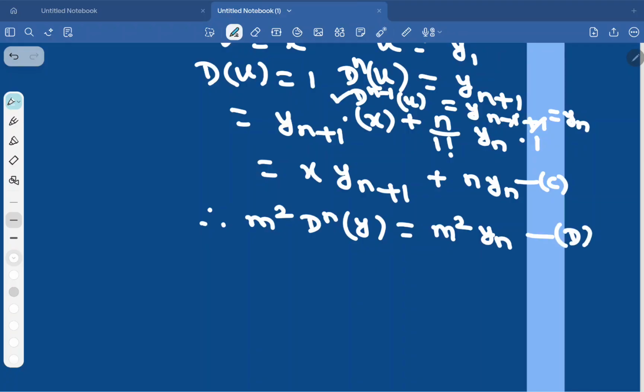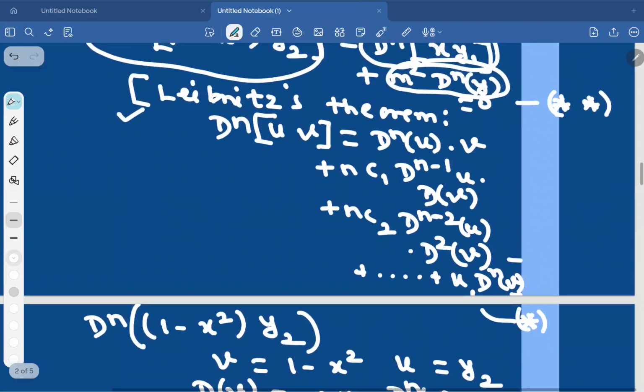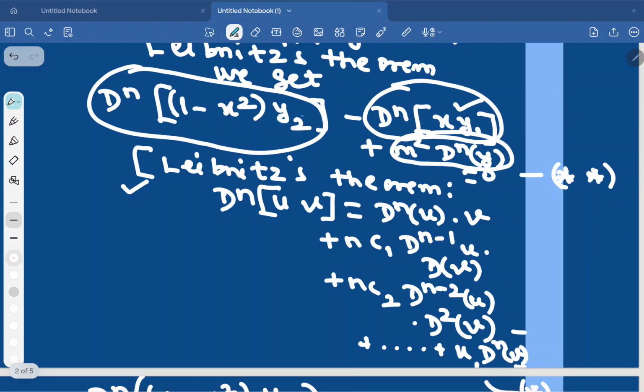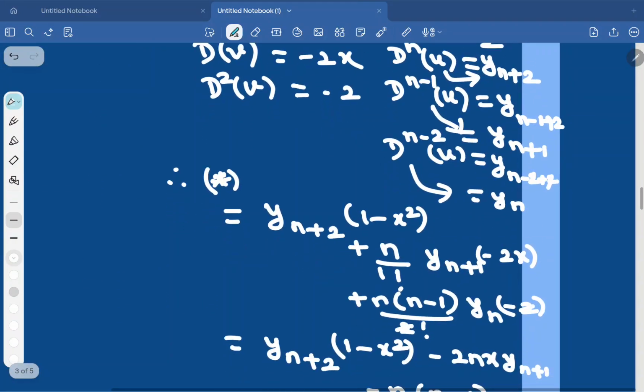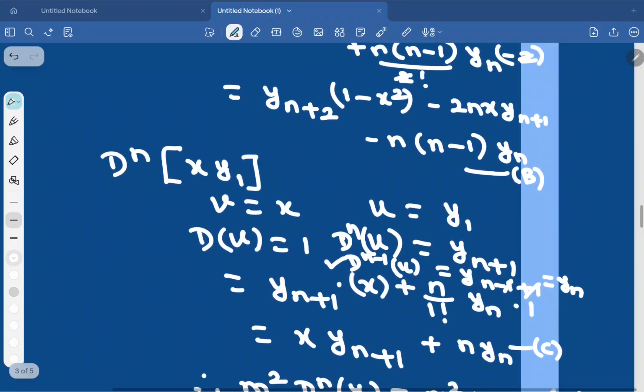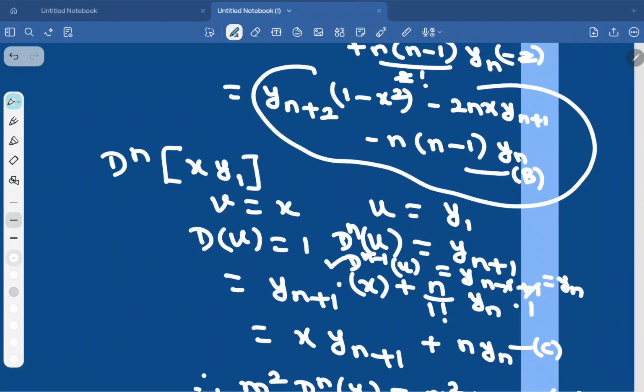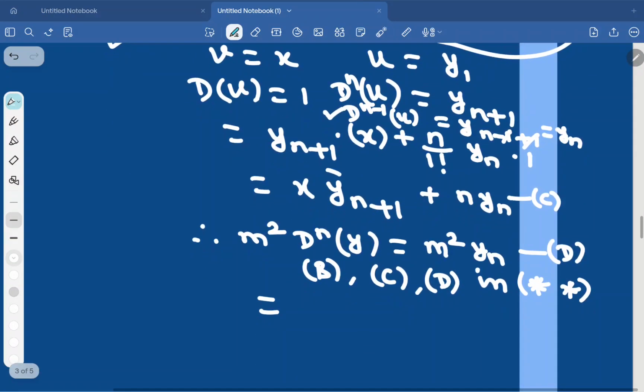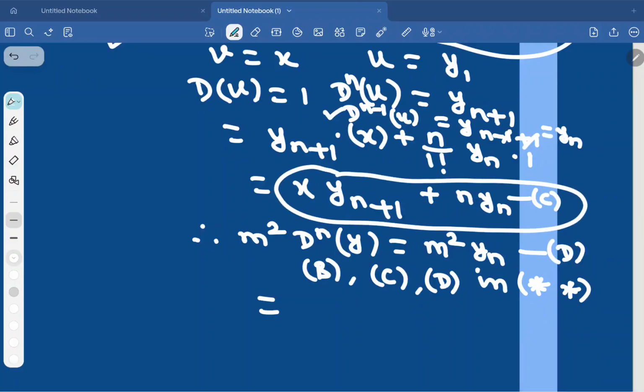This is D. Substitute B, C, D in double star. This is equivalent to d power n of 1 minus x square y2. What is the answer? This term. This is B. d power n of x y1. What is the answer? Equation C. m square d power n of y. What is the answer? m square yn.